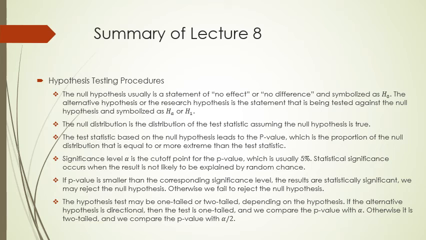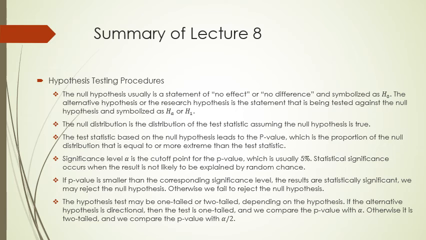Significance level alpha is the cutoff point for the p-value, which is usually 5%. Statistical significance occurs when the result is not likely to be explained by random chance.